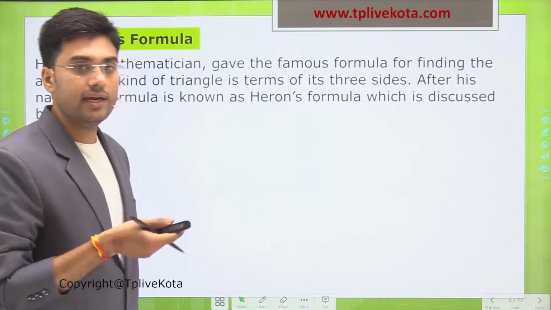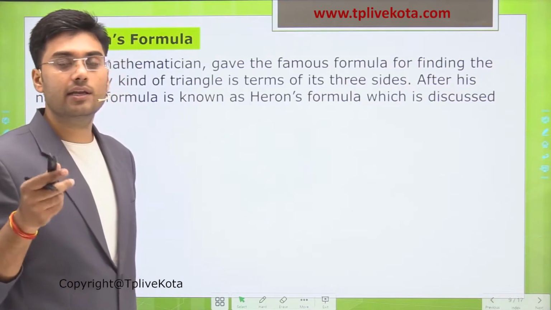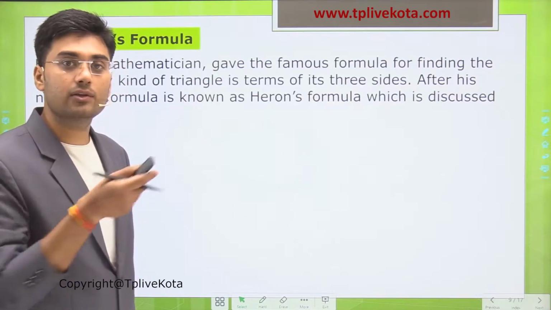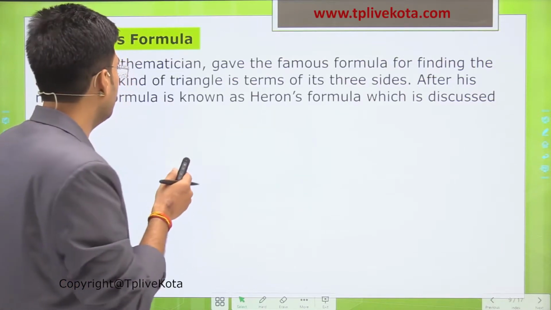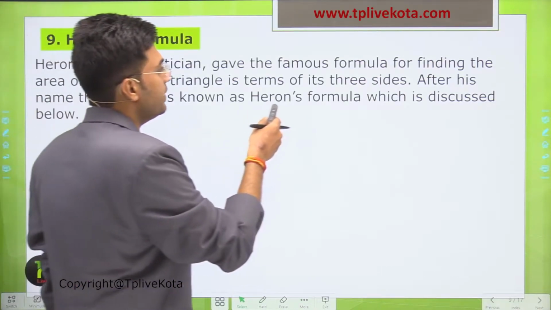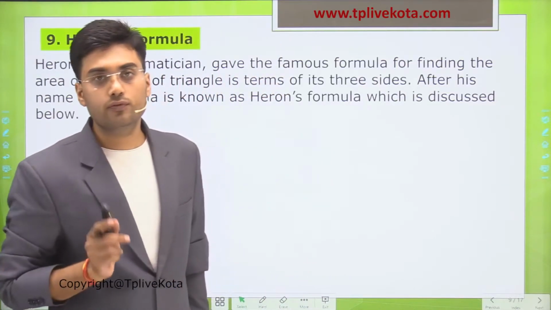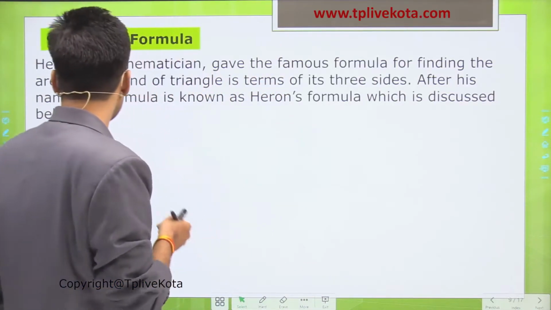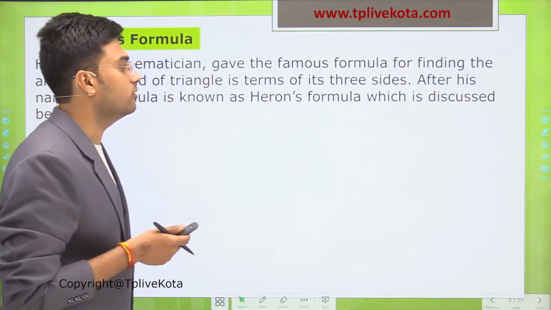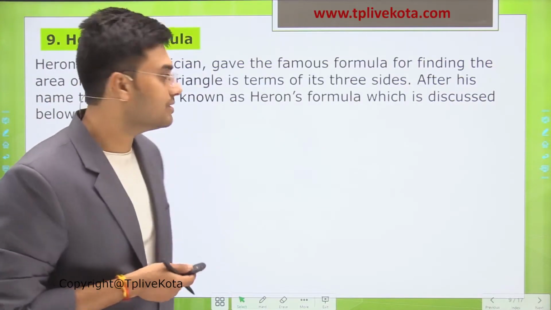If we have any kind of triangle, we can find its area using this formula in terms of its three sides; we require only the lengths of the three sides. After his name, the formula is known as Heron's formula.